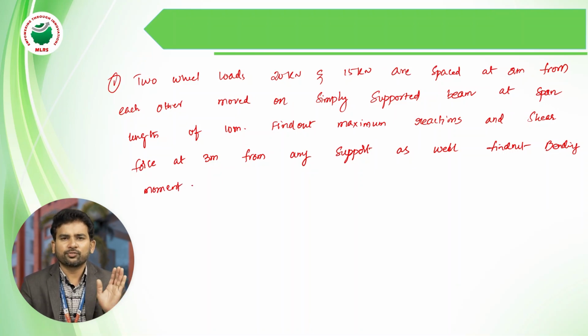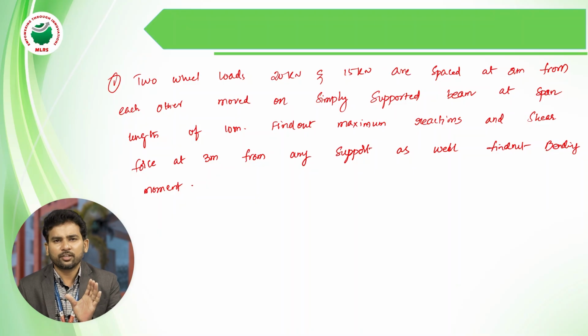Two wheel loads of 20 kilonewton and 15 kilonewton, spaced 2 meters apart, move from support A to support B on a simply supported beam of span 10 meters. Finally we are going to find the maximum reactions, a very important point we have to underline, and the shear force at a distance of 3 meters from either support A or support B. We also determine the maximum bending moment.